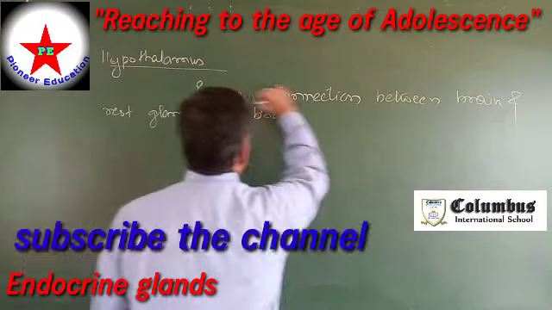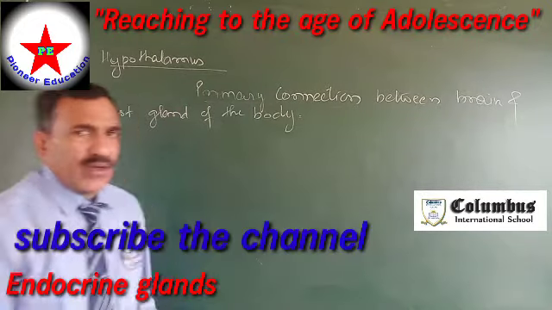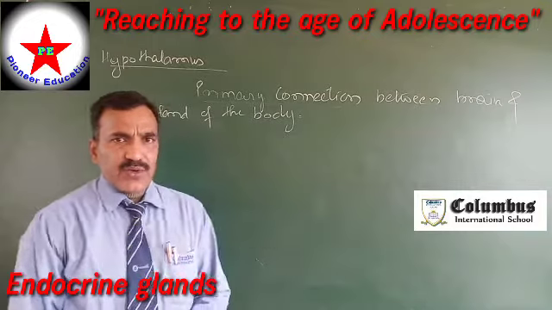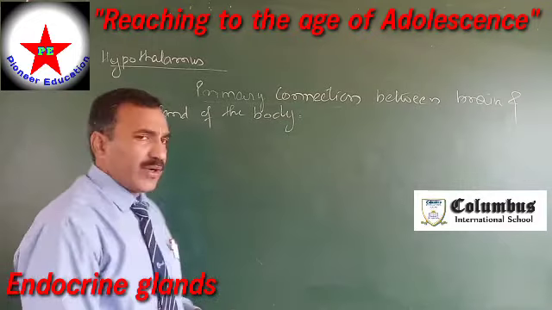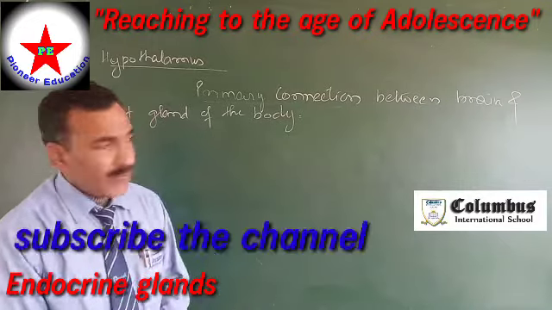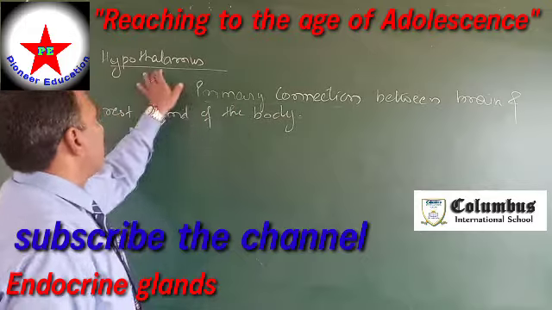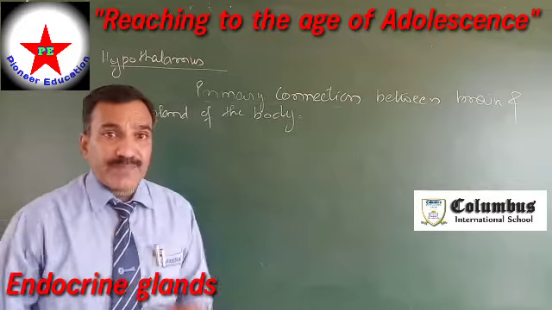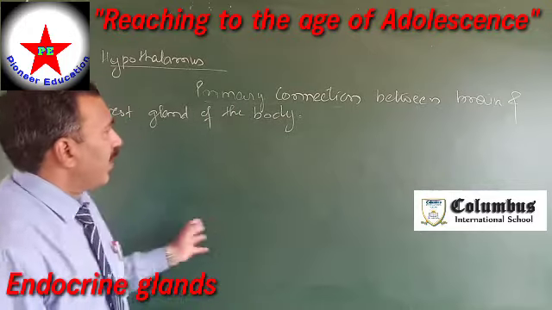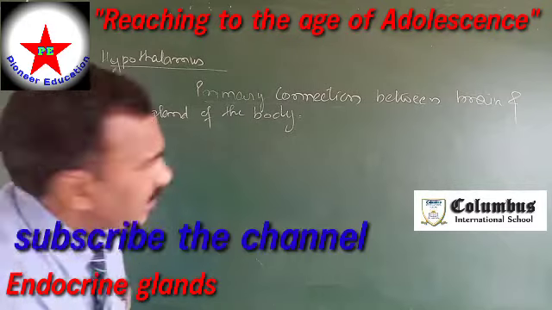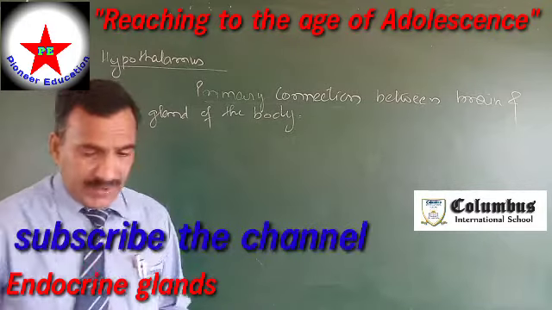Primary connection means the main connection. Our brain has a connection to all parts of the body as well as all the glands, so the hypothalamus serves as the primary connection between the brain and the different glands of our body.